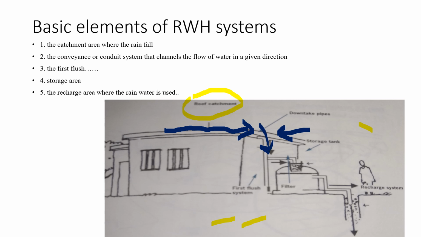Now, what is first flush? Basically, all the dust which is present here, when there is first rainfall, all the dust carried either in the rain or settled on the rooftop, we ensure that these dust particles don't enter into this filter system or into this tank.